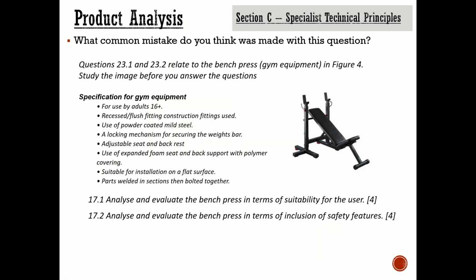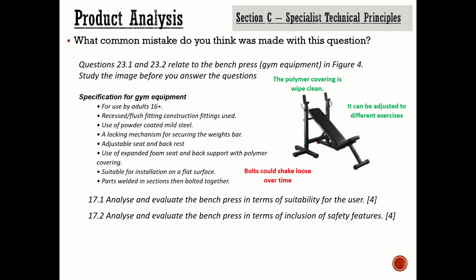Okay, product analysis. This is a really important one. You're always going to get questions like this. One of the things that you could have mentioned is the actual user experience on that product. So I'd be saying things like the polymer covering is easy to wipe clean if you're sweaty. It can be adjusted for different exercises. So think about the kind of activities someone would do. Someone would want to do inclined bench presses, for example.